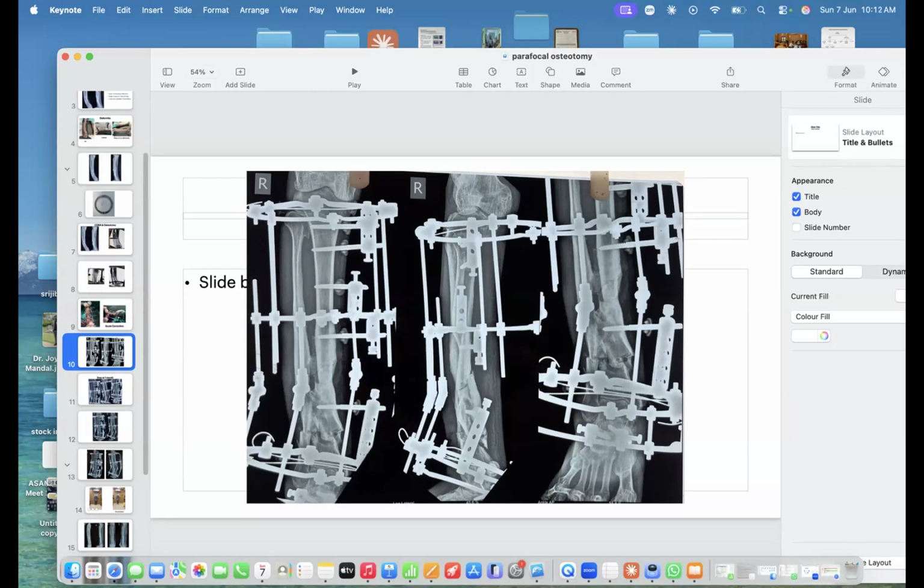Now, the fact that at the end your rings are not parallel to each other, especially on the lateral, signifies that our planning was not proper. Otherwise the rings would have come perfectly parallel to each other.